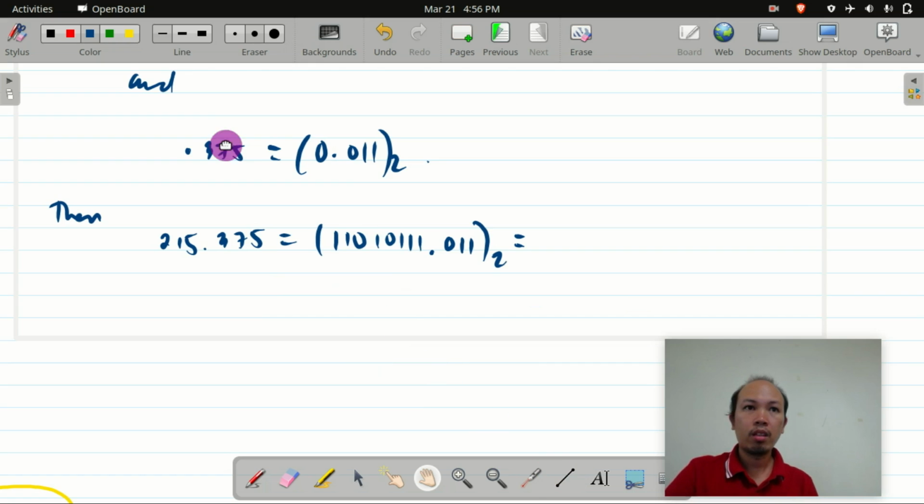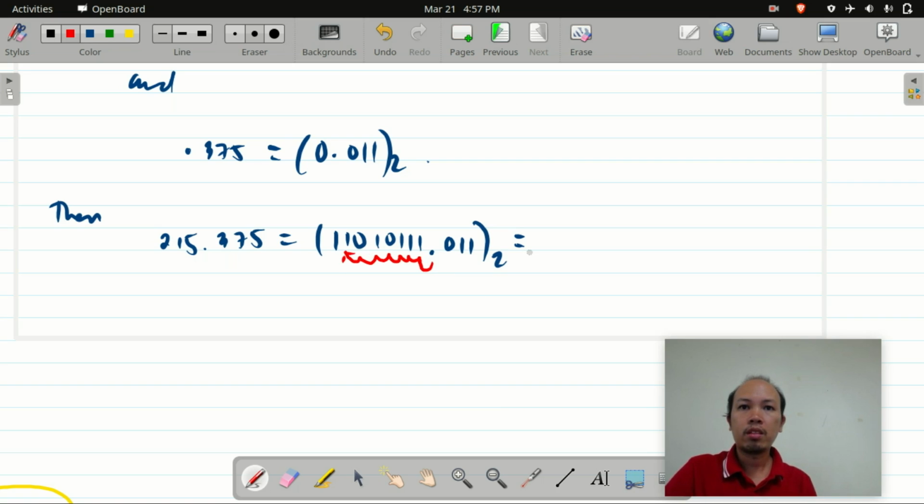Let's move the radix point 1 2 3 4 5 6 7, 7 places.